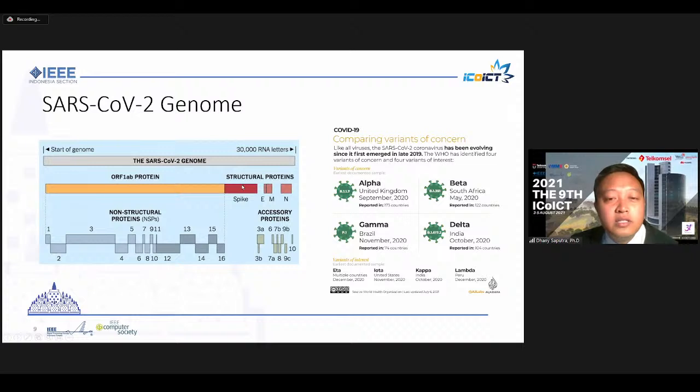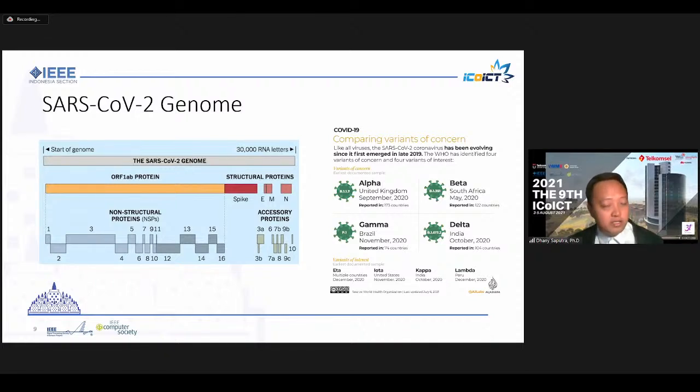Then there is a structural protein, which is the most dangerous part, the most mutated part of the virus: the spike protein, which connects to our ACE enzyme in our body. The other part is accessory proteins. So basically, this is the SARS genome.